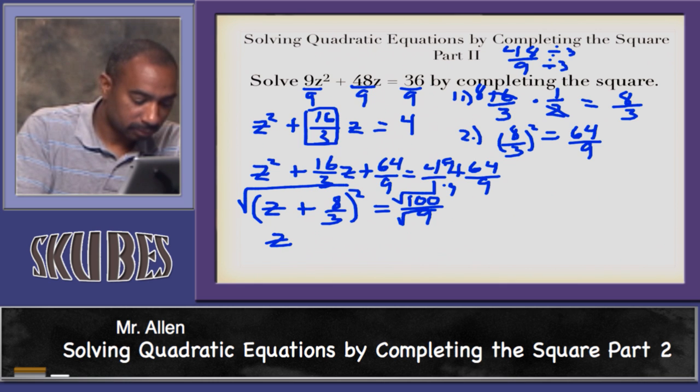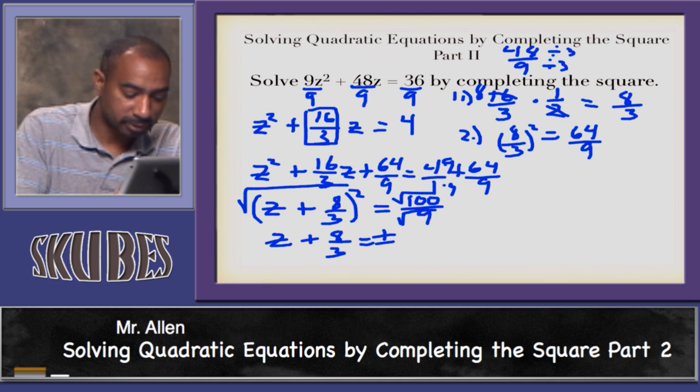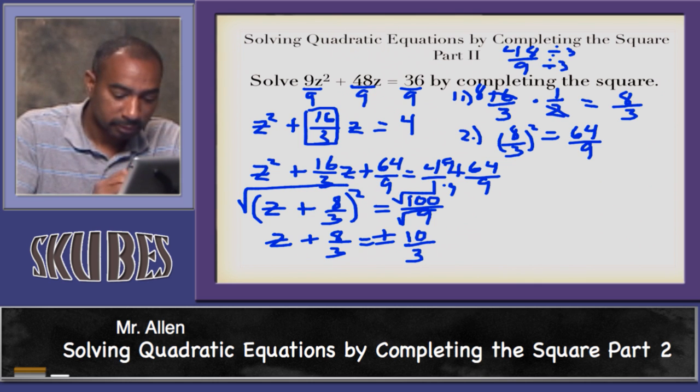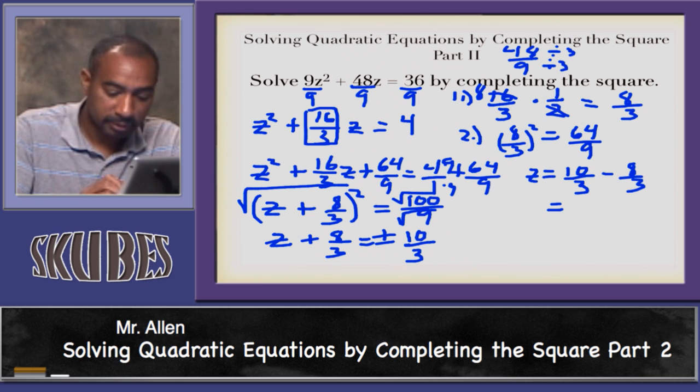So I get z plus 8/3 equals plus or minus, well, the square root of 100 is 10, and the square root of 9 is 3. So look, z can equal 10/3, and I'm going to subtract 8/3. 10 minus 8 is 2, so I get 2/3 is one of my solutions.